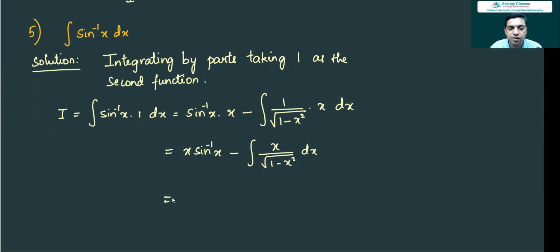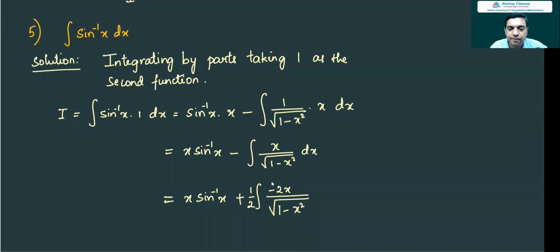This is simple. This is integration by substitution. What I'll do, I'll multiply and divide by 2. What is the derivative of 1 minus x square? Minus 2x. So I'll take this minus sign inside. So I've taken the minus sign inside, multiplied and divided by 2.